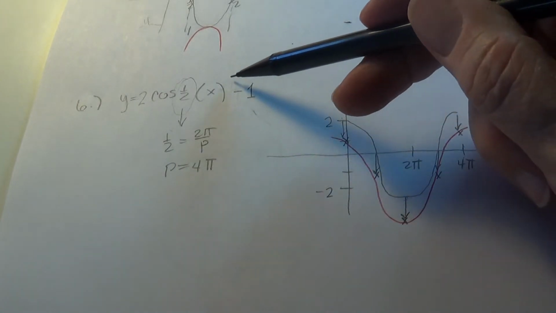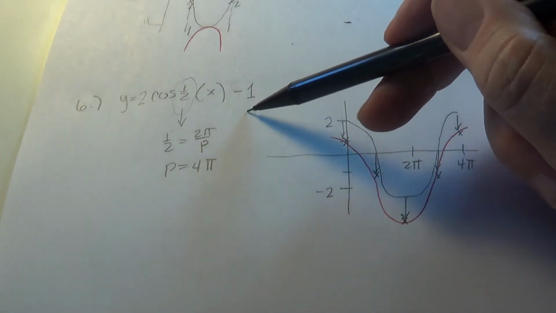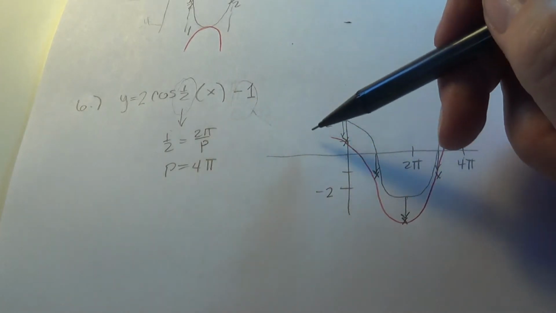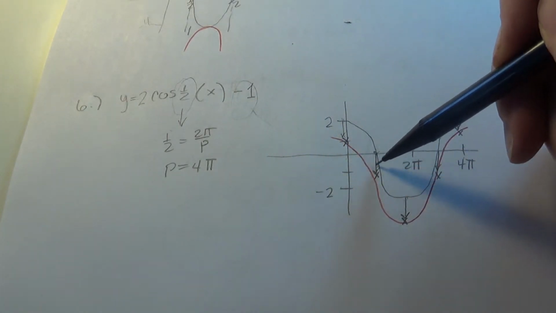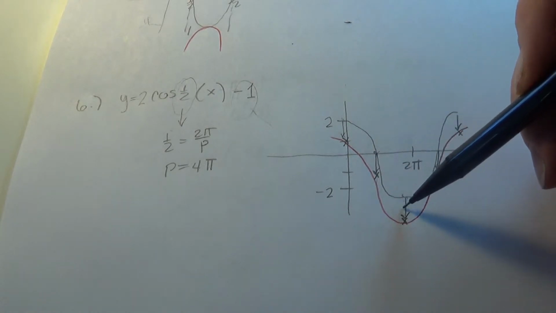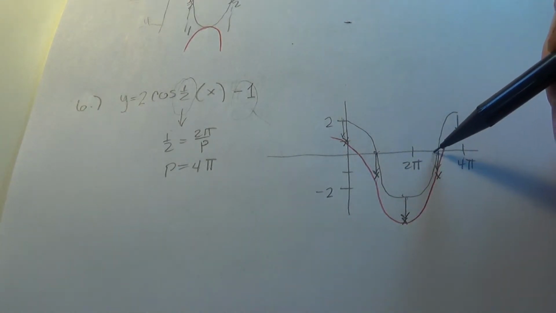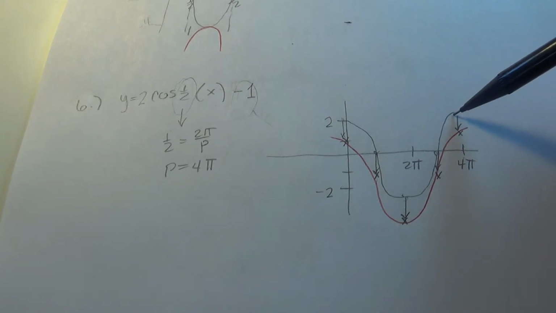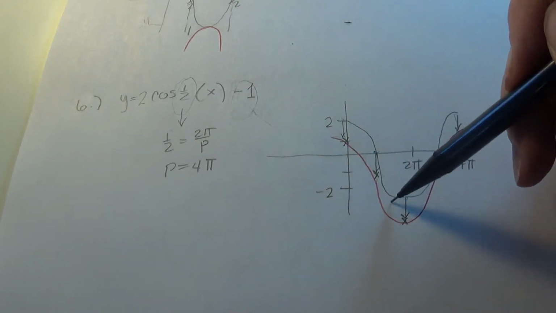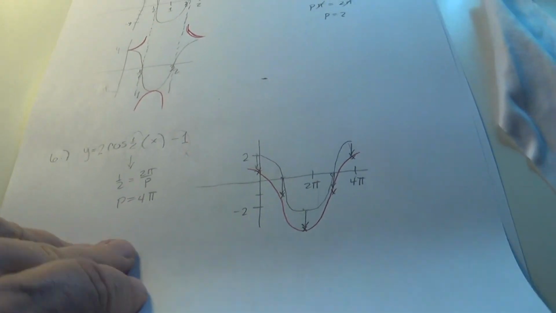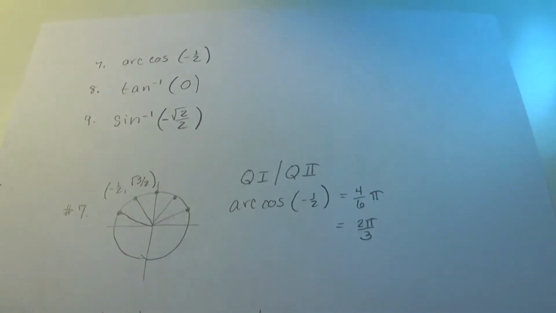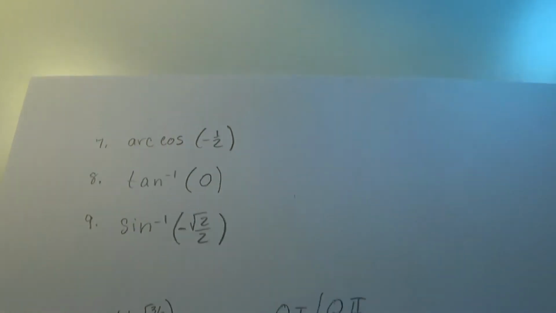The red is marked because I dropped all the key points 1 down. So this key point went down 1, this key point down, down, down. So I connected those with the red. That was number 6. Alright, number 7, 8, and 9 are some inverse trig.